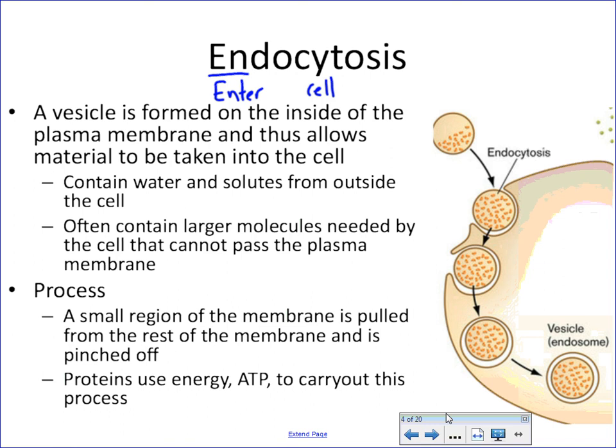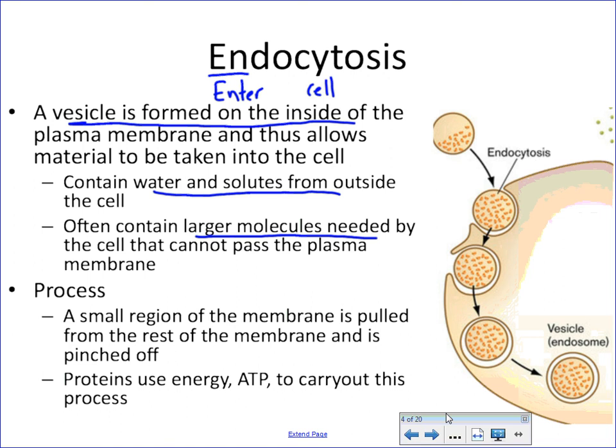To do that, the cell will form a vesicle on the inside of the plasma membrane, and this will allow materials to be taken into the cell. Sometimes these vesicles will contain water and solutes from the outside of the cell, but oftentimes they will contain larger molecules needed by the cell that cannot pass through the plasma membrane.